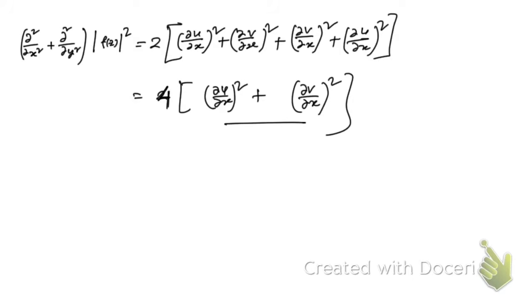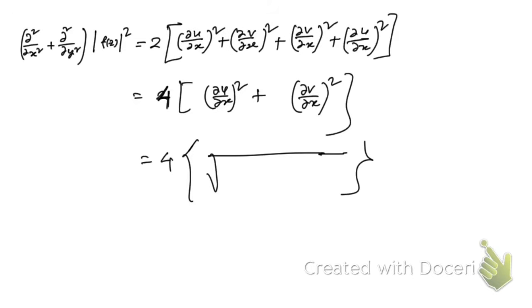And this can be written as, how? It can be written this way: 4 times root of (del u by del x) whole square plus (del v by del x) whole square, and this is squared. On squaring, this root is going to be removed, right?